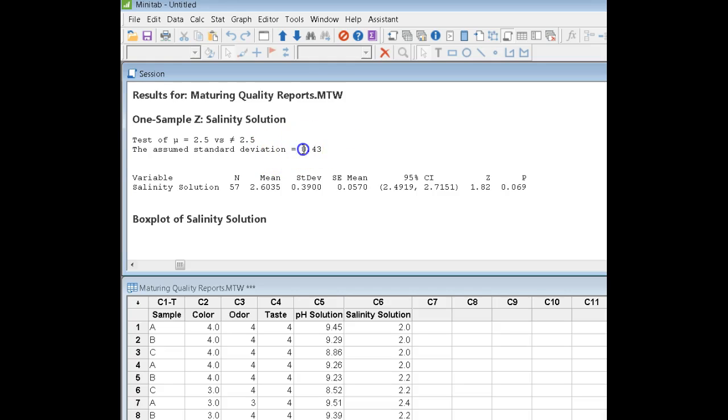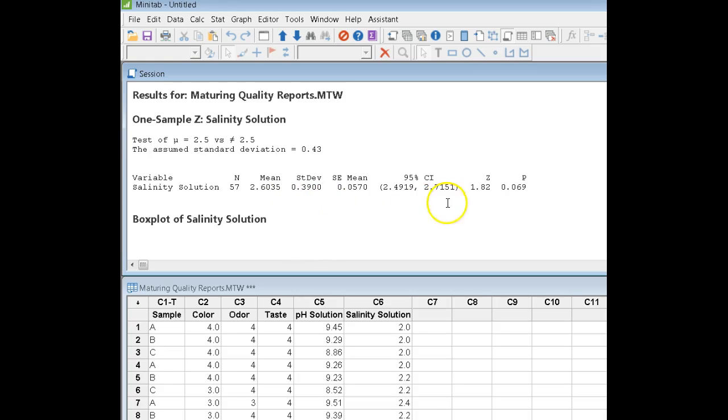I've given it the population standard deviation, and as I've pointed out in your notes, I've used the population standard deviation and not the standard deviation of the sample, which is what this 0.39 represents. Okay, there were 57 cans of shrimp, and the average salinity was 2.6. Yeah, 2.6 is bigger than 2.5, but is it significantly bigger?